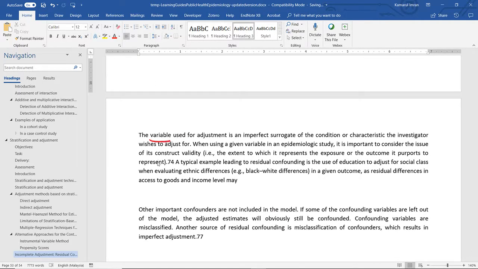The next one is when the variable used for adjustment is an imperfect surrogate of the condition or characteristic the investigator wishes to adjust for. That is why it is important to consider the issues of construct validity during adjustment.